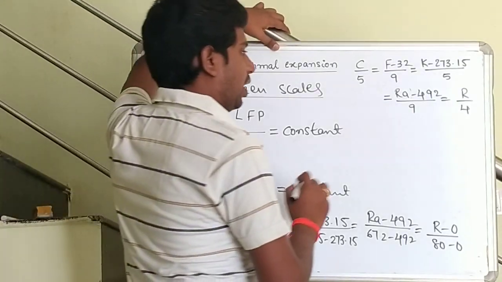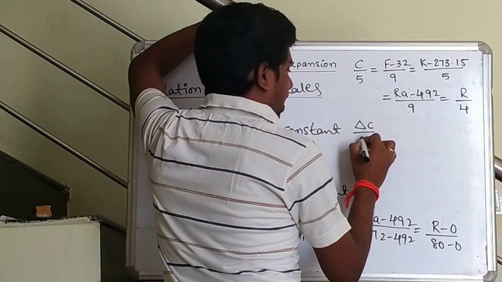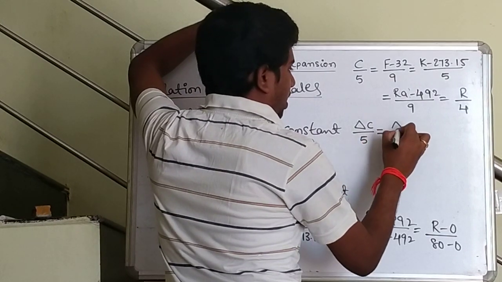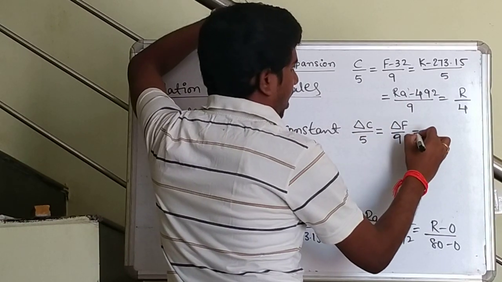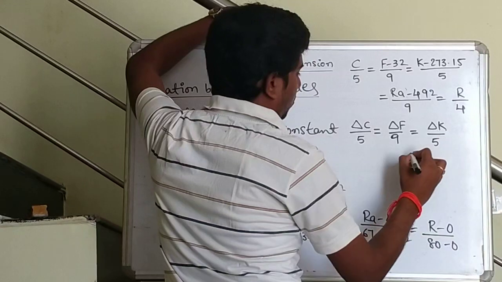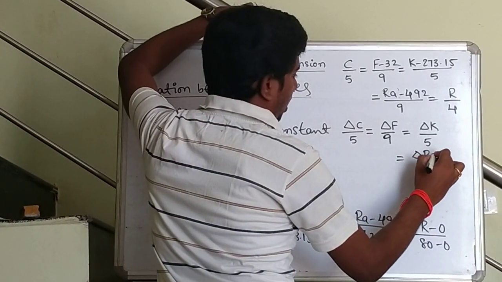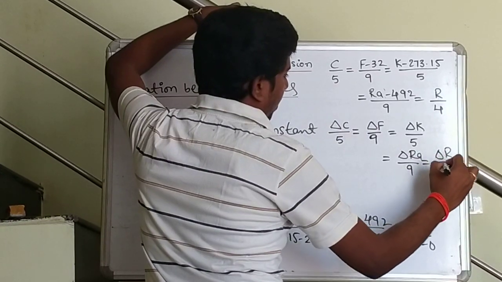If there is a change in temperature, for that we will write the relation: delta C by 5 is equal to delta F by 9 is equal to delta K by 5 is equal to delta Ra by 9, and it is equal to delta R by 4.